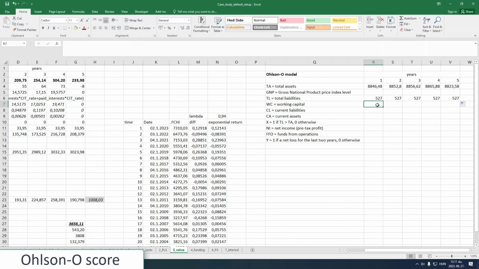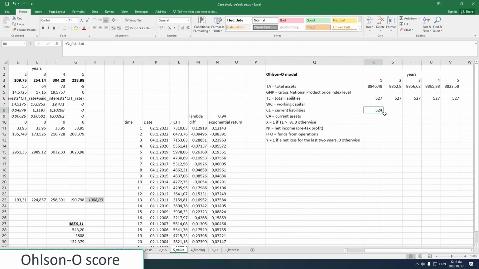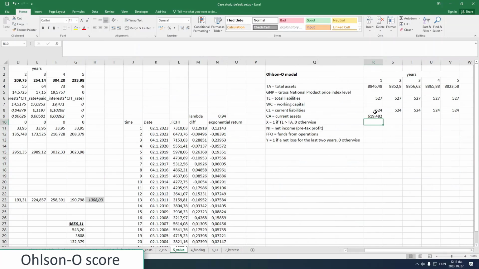Okay, current liabilities. Current liability is the payable. Current assets. So again, only the transparent ones are added, as we did during valuation.